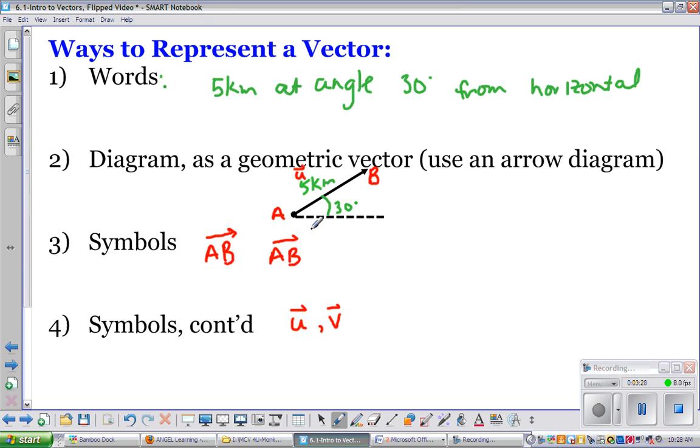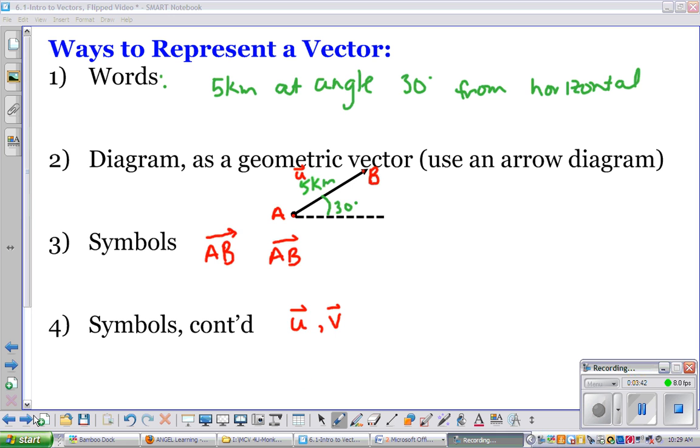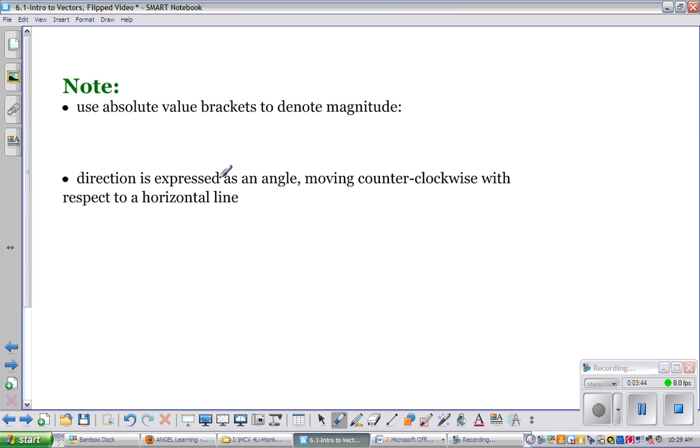If you remember back to trigonometry, when we label vertices we use capital letters, and when we label the whole edge, we use lowercase. That's how we get the upper and lower cases. Also, a note: if you're trying to find the magnitude of the vector we just drew, use the absolute value lines to denote that you're finding the magnitude.